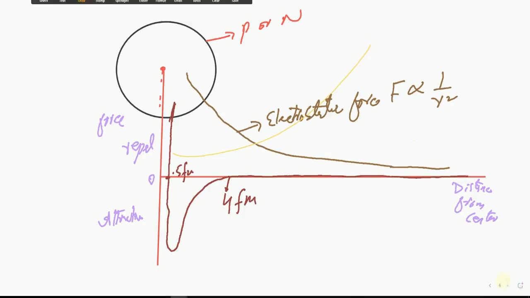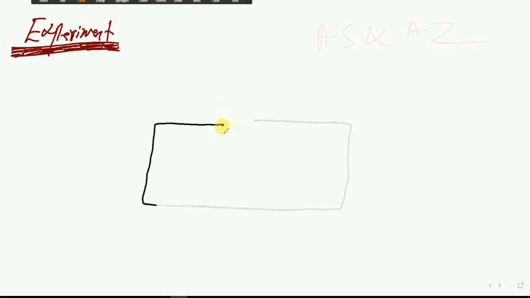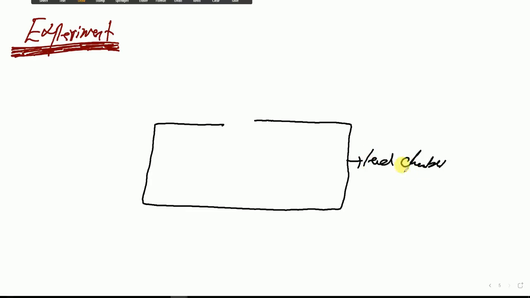Okay, now we need to do an experiment. So we have a lead chamber. Actually, how alpha, beta and gamma radiation are generated.